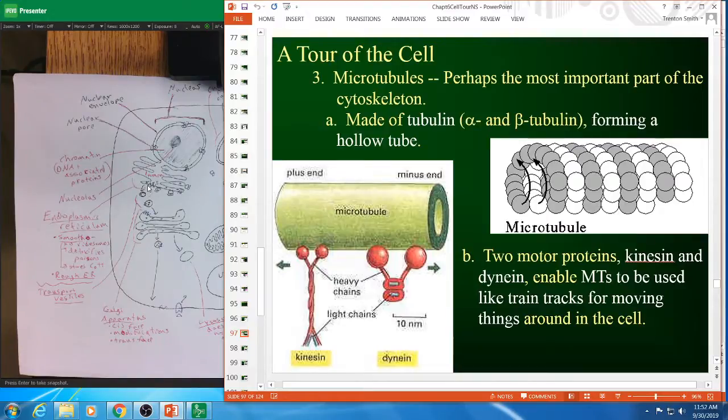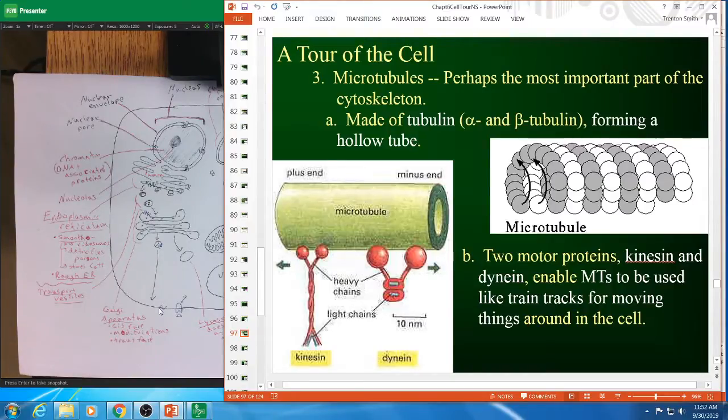For example, we learned how a vesicle might bud off of the endoplasmic reticulum and move to the Golgi apparatus. Then eventually, over here on the trans face, a vesicle buds off and moves toward, for example, the plasma membrane. How did it make that motion? How did it know where to go? It's moving along microtubules. They act like train tracks for the cell.